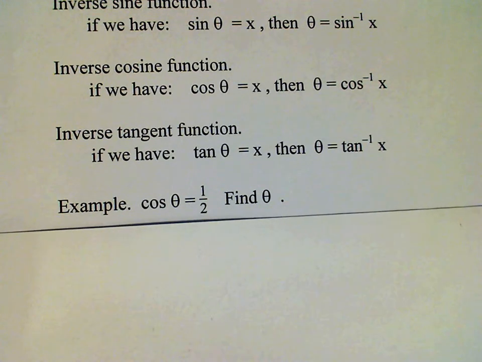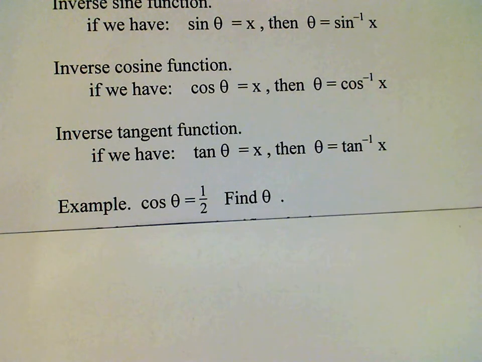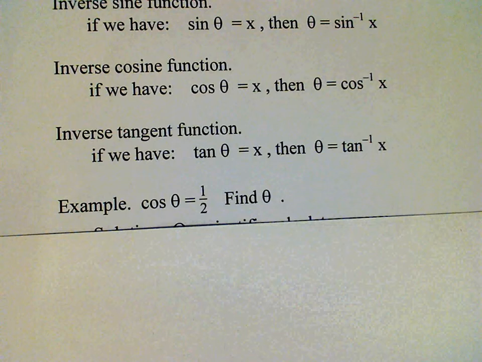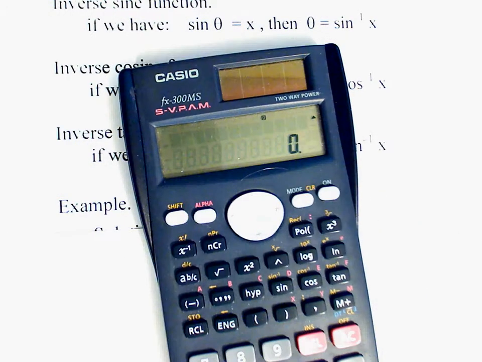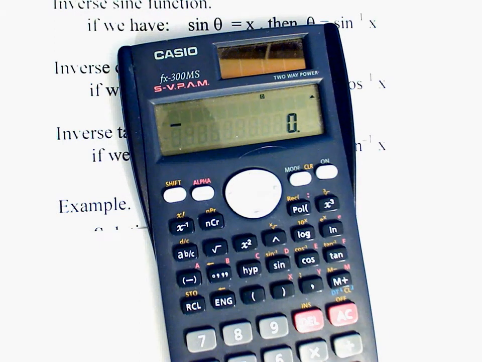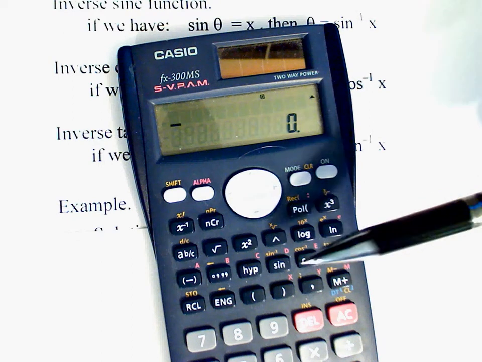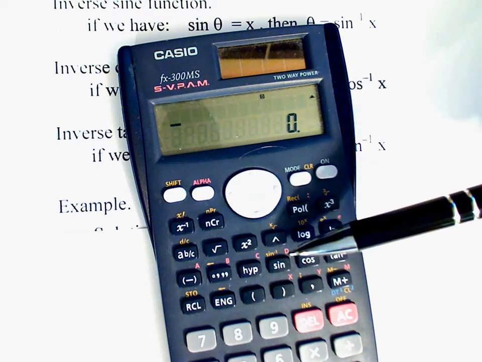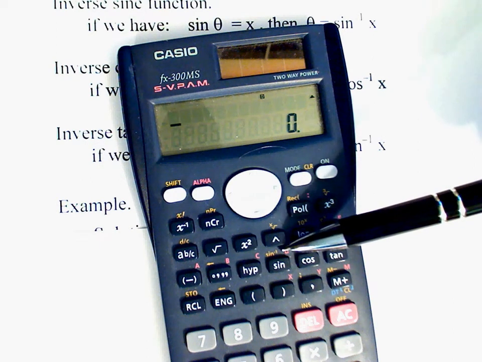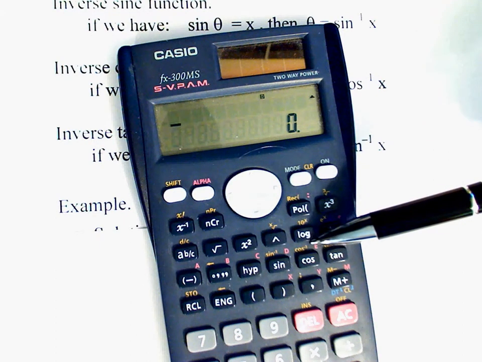Okay, so let's do an example. We have the cosine of theta is equal to 1/2. We have to find angle theta. On any scientific calculator, you should see above sine, cosine, and tangent your inverse trig functions as second or yellow functions.